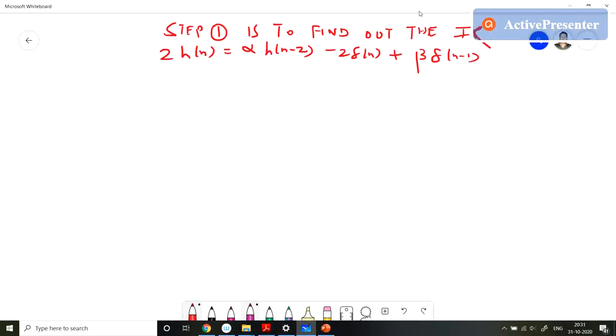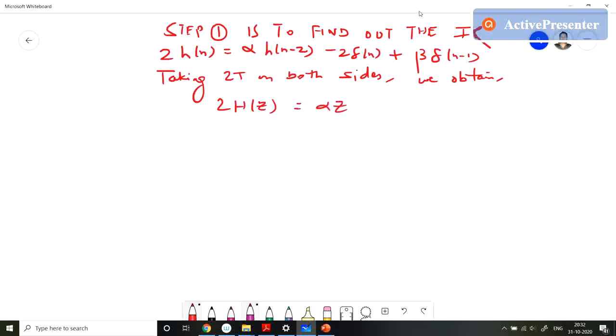Now we are taking the z transform on both sides, and we obtain 2H(z) is equal to alpha z raised to the power minus 2 H(z) minus 2 into 1 plus beta z raised to the power minus 1 into 1.